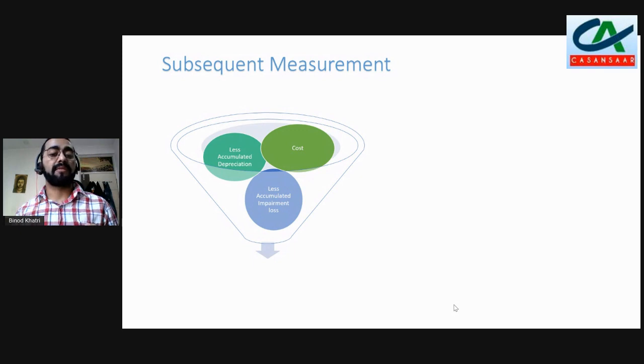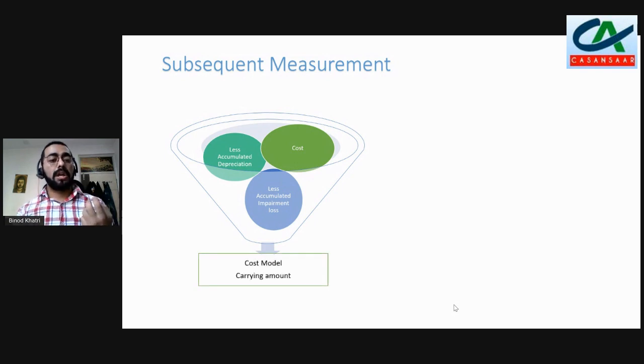The original cost less accumulated depreciation less accumulated impairment loss would be the carrying amount of PPE under the cost model. That is how we calculate the carrying amount, or book value, of an asset in subsequent measurement if we are applying the cost model.